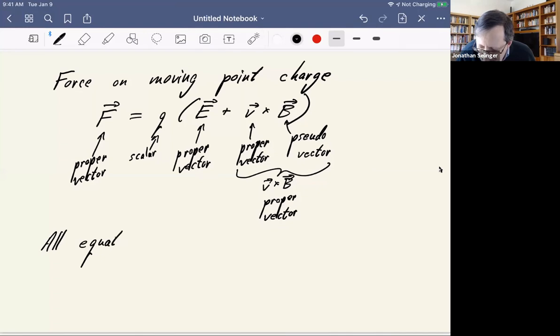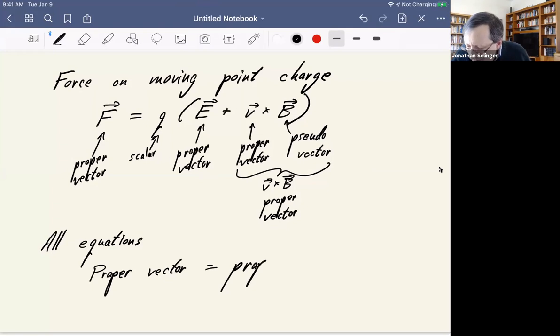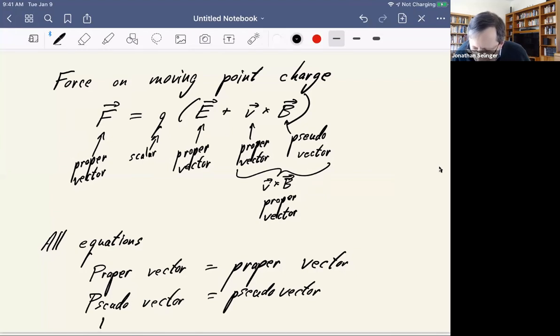So the thing to notice is that all equations have to be the same kind of object on both sides, right? They can be proper vector equals proper vector, or pseudo vector equals pseudo vector, or proper scalar equals proper scalar, or pseudo scalar equals pseudo scalar.